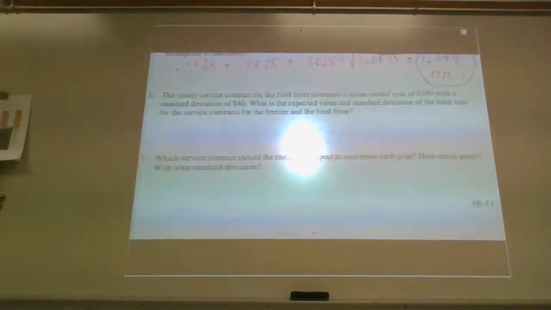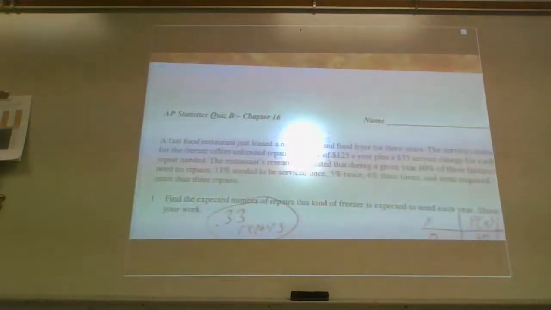The yearly service contract for the food fryer estimates a mean annual cost of $140 with a standard deviation of 40. We haven't talked about the food fryer since the beginning of the problem, when it said the fast food restaurant just leased a freezer and a food fryer.